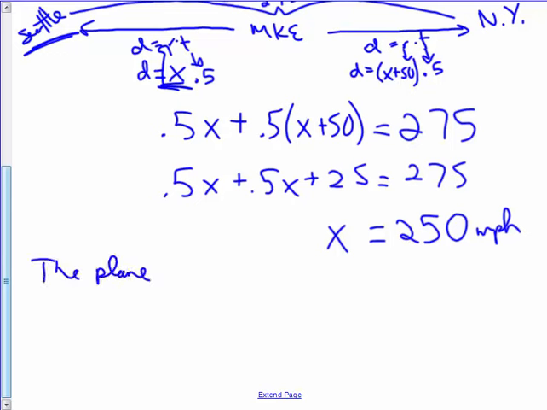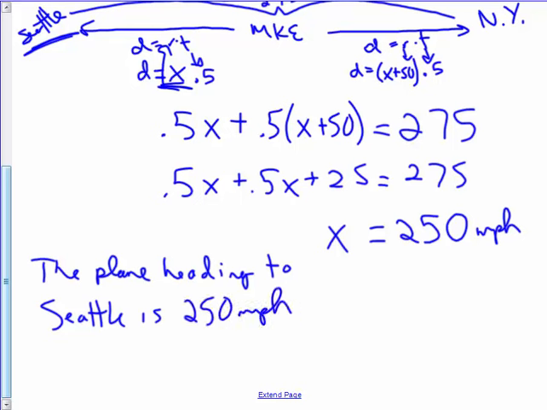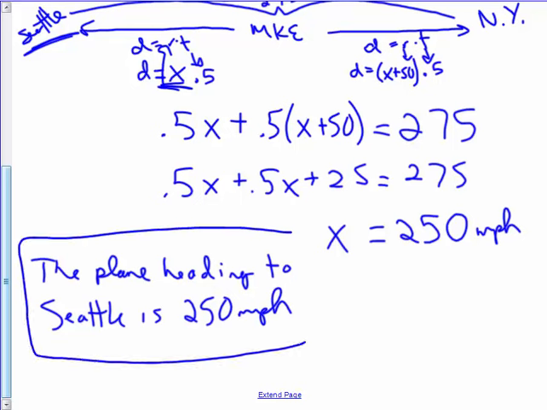So the final sentence that we should probably put: the plane heading towards Seattle is going 250 miles per hour. The plane heading towards New York, which we don't actually have to find, is 250 plus 50, or 300 miles per hour.